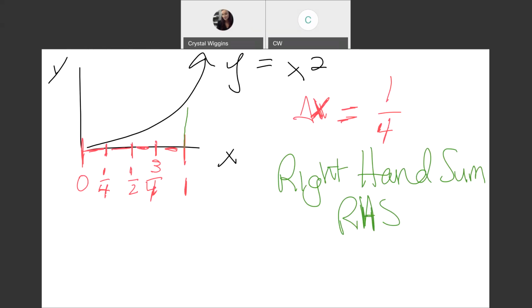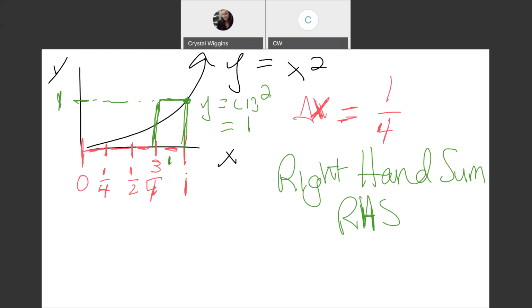I follow 1 up to its y value. And if I wanted to know this height, I would do y is equal to 1 squared, which is equal to 1. So I put the x of 1 into the function y and got that this height here is at 1. So I draw the rectangle with a height of 1.